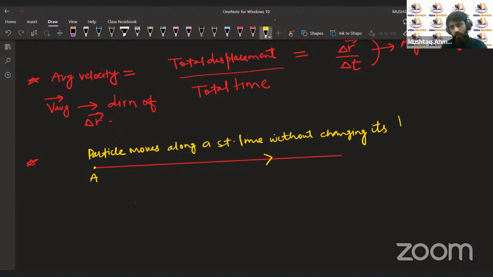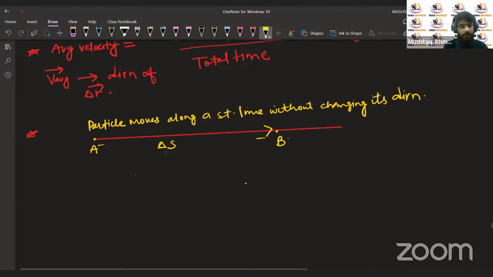So in this case, whatever be the magnitude of the total displacement, the same will be the magnitude of the distance traveled. Let's suppose this particle moves from A to B. From A to B, this is the distance covered, say delta S, the path length covered by this particle, and the same will be the magnitude of displacement also.